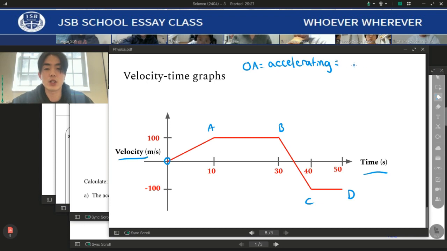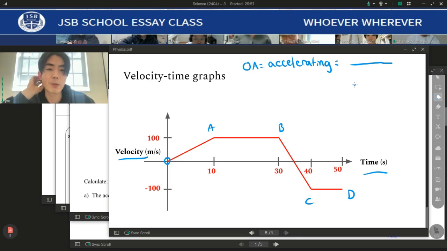So how do you work out acceleration? Esther, how do you think we can work out acceleration? Or Charlie? 500. How did you get 500? 100 multiply 10 and divide 2.